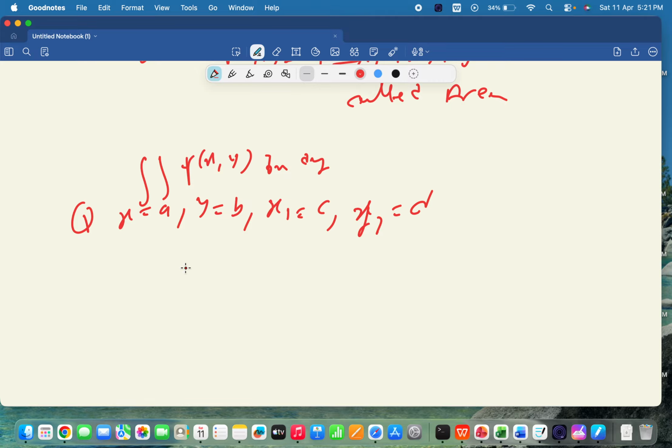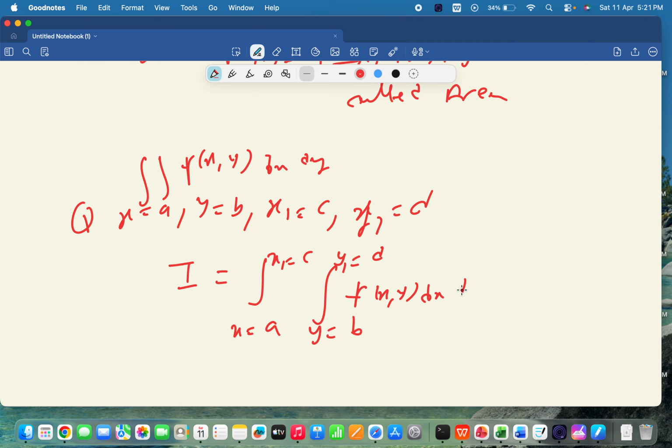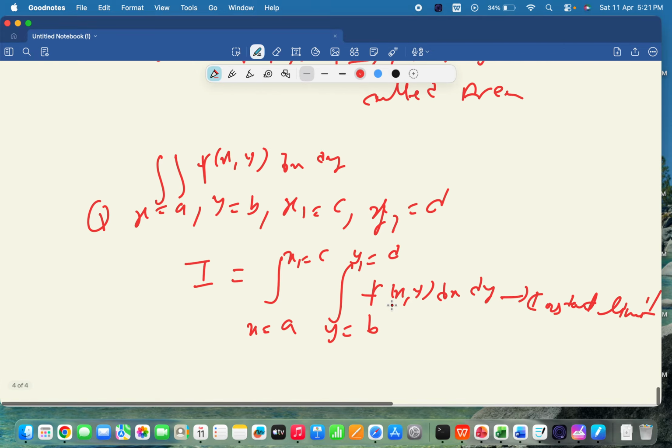Like I take a symbol I, x starts with a, x1 is equal to c, and y starts with b, y1 is equal to d, with some function f of x comma y dx dy. So this type of limit is called constant limit.